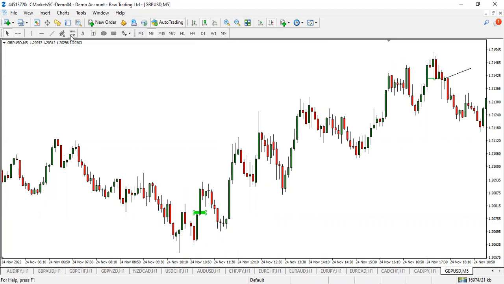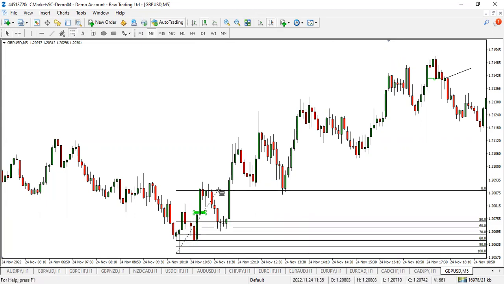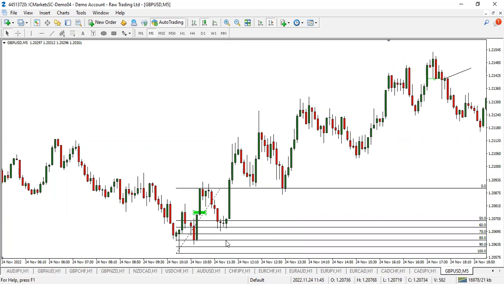You can as well use the Fibonacci and put your pending orders anywhere from 50%, 60. You can spread it 50%, 60, 70, 80, depending on how many positions you want to enter. Sometimes it could activate maybe your first, second, and third and not activate others, and that's fine.